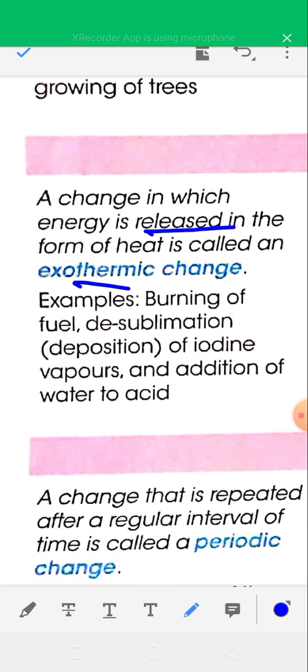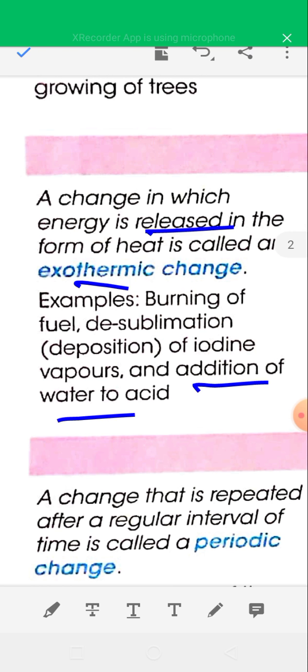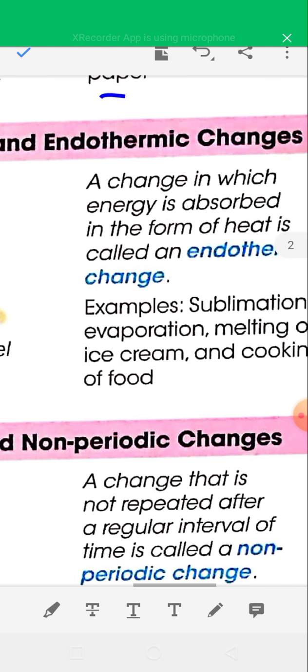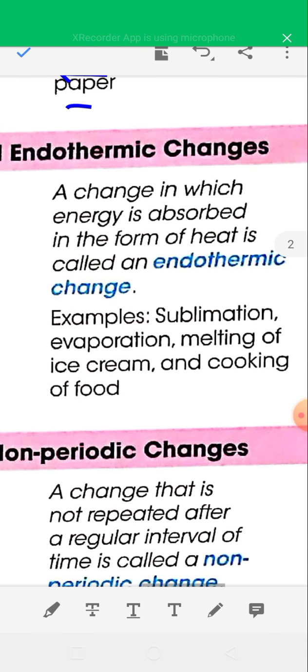For example, burning of fuel, desublimation of iodine vapor and addition of water to acid, these are some examples of exothermic change.